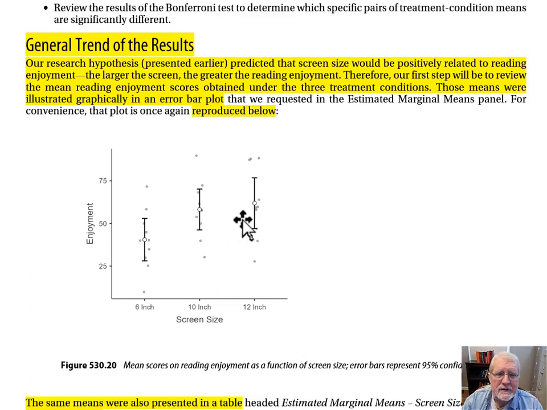Don't know whether there's going to be a significant difference between those two groups, but notice the reading enjoyment scores were a lot lower when they used the 6-inch screen. Maybe this is enough of a difference that the 6-inch screen condition will be significantly different from the 10-inch condition and 12-inch condition. We can't tell by eyeballing the figure like this, but we will know when we do the significance test and look at indices of effect size.